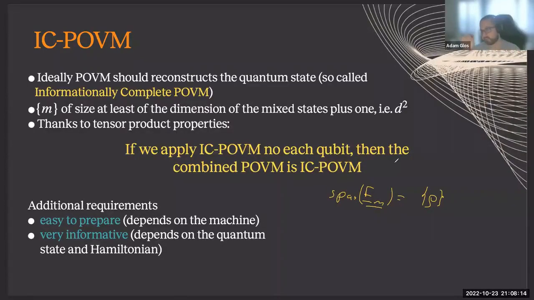So it is enough to define a good informationally complete POVM with 4 effects, because a mixed state on a qubit has 4 degrees of freedom in turn.